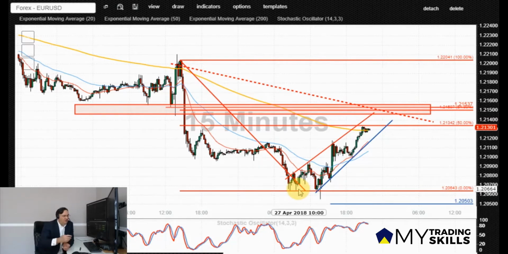And we know that rising wedge patterns are continuation patterns, and they tend to break in the direction of the prevailing trend, therefore to the downside, because our prevailing trend in 1 hourly and 4 hourly is currently downtrending.